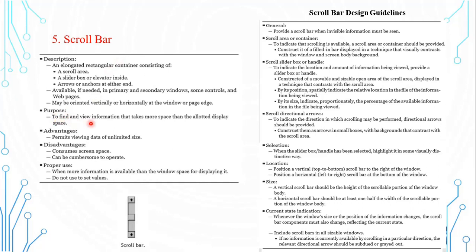To find and view information that takes more space than the allotted display space. Suppose you are using a website or any application and you want to view the information completely, all the pages, then you might use scroll bars to view the information that is hidden on the screen.